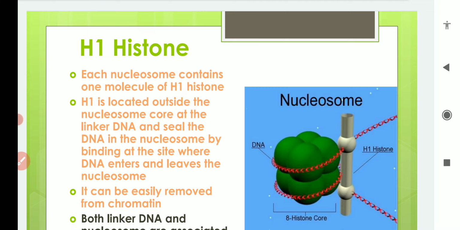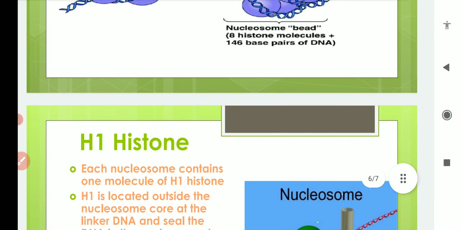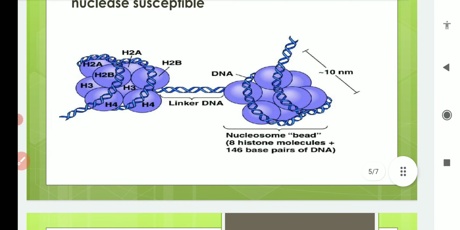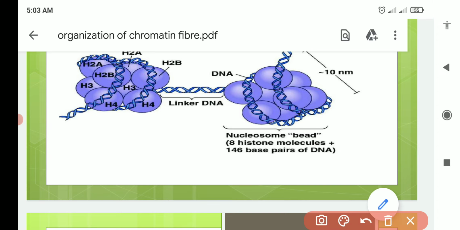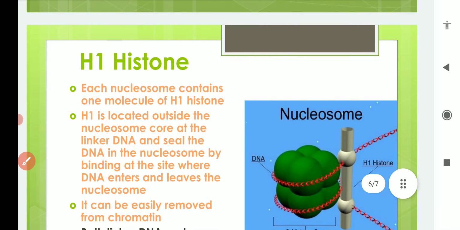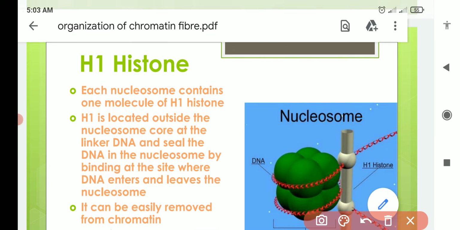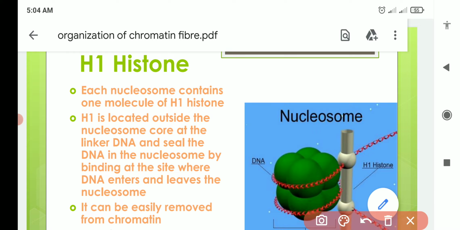We have already discussed different types of histone in our previous video. So here, there are four types of histone present in the octamer: H2B, H2A, H3 and H4. The fifth type of histone present in the cell is H1 histone. Each nucleosome contains one molecule of H1 histone.